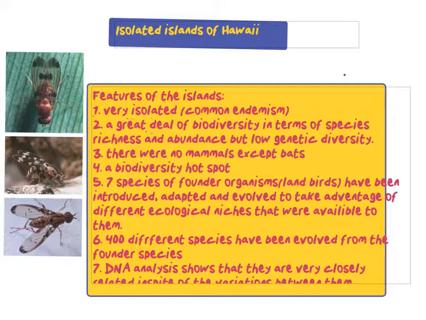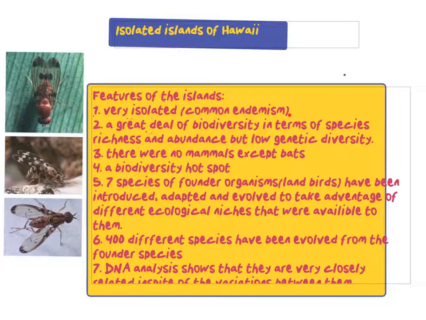Islands of Hawaii. There are 8 isolated islands of Hawaii that have been separated a long time ago, and they all share some features. First, they are a very isolated system, or we can say they have common endemism.